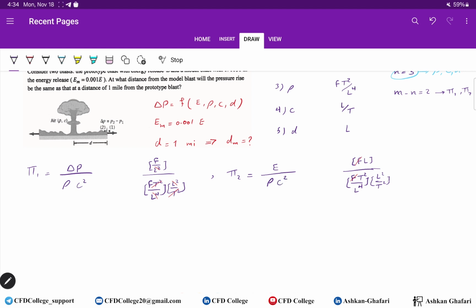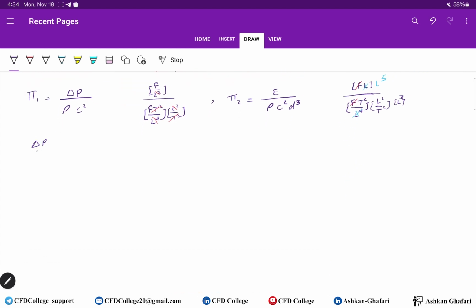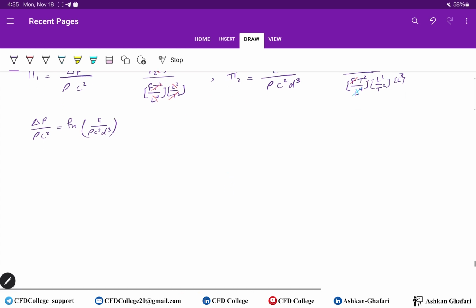Now L square, sorry, this means L to the power 5, so we need L to the power 3 here, D to the power 3. Okay, so we know that delta P over rho c square equals, actually it's a function of E over rho c square D cubed. So this was part A.